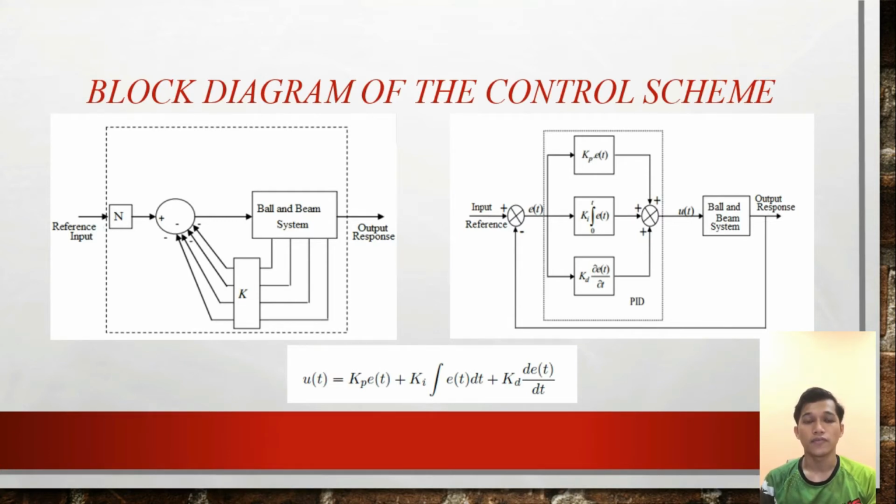The figure on the right shows a PID control scheme for a ball and beam system in which the PID controller output is applied to the ball and beam system, and the system output is fed back to be compared with the reference input. The goal of tuning is to achieve negligible inaccuracy.